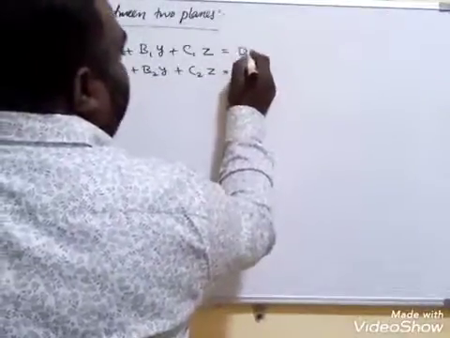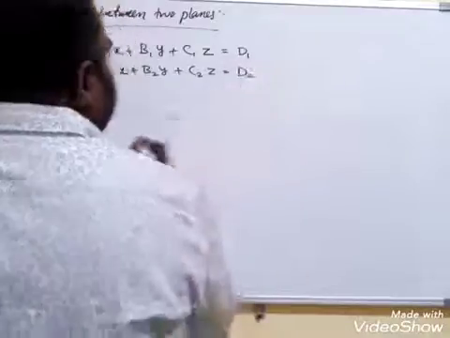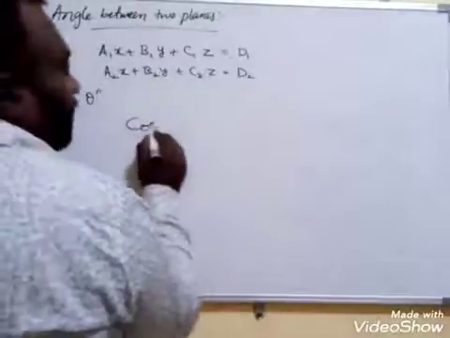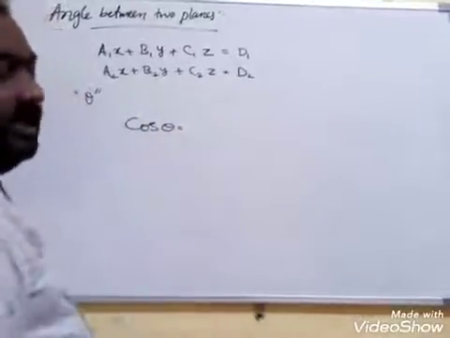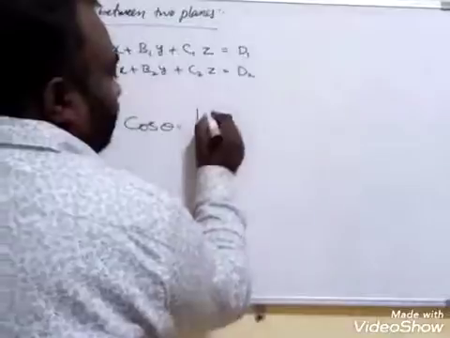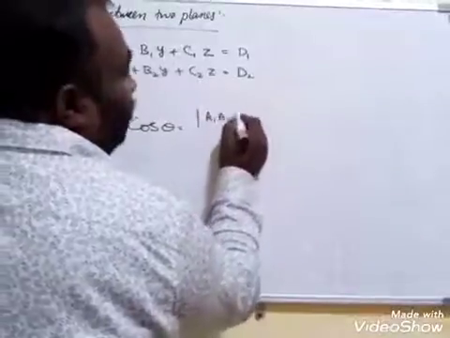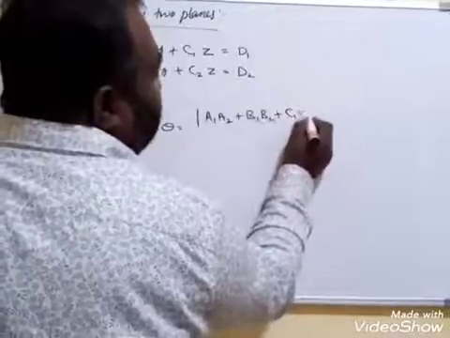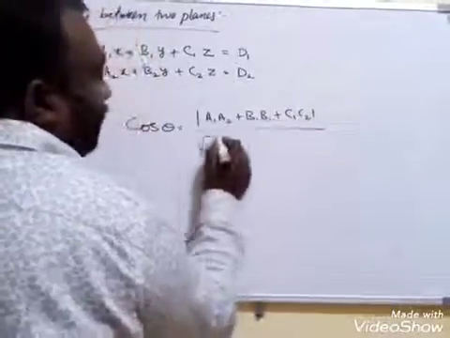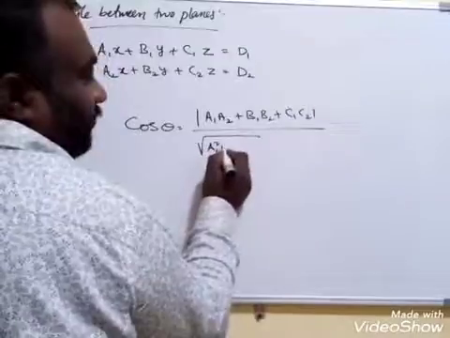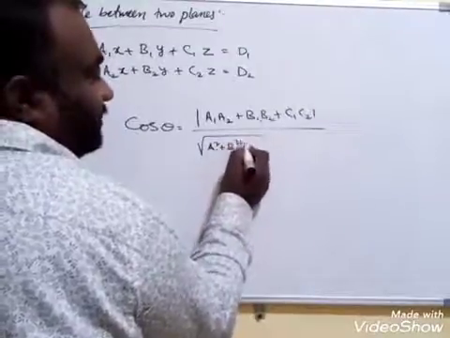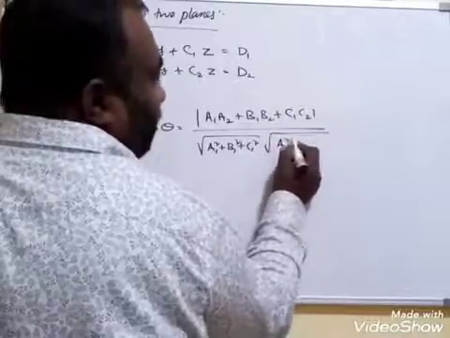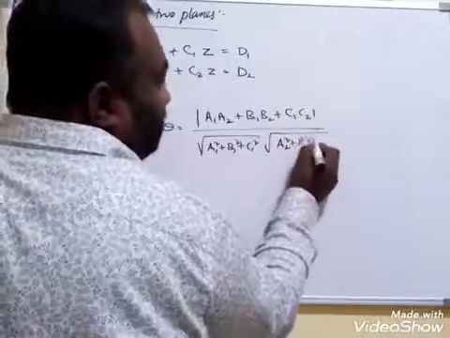If theta is the acute angle between them, then cos theta is equal to modulus of a1 a2 plus b1 b2 plus c1 c2 by root of a1 square plus b1 square plus c1 square into root of a2 square plus b2 square plus c2 square.